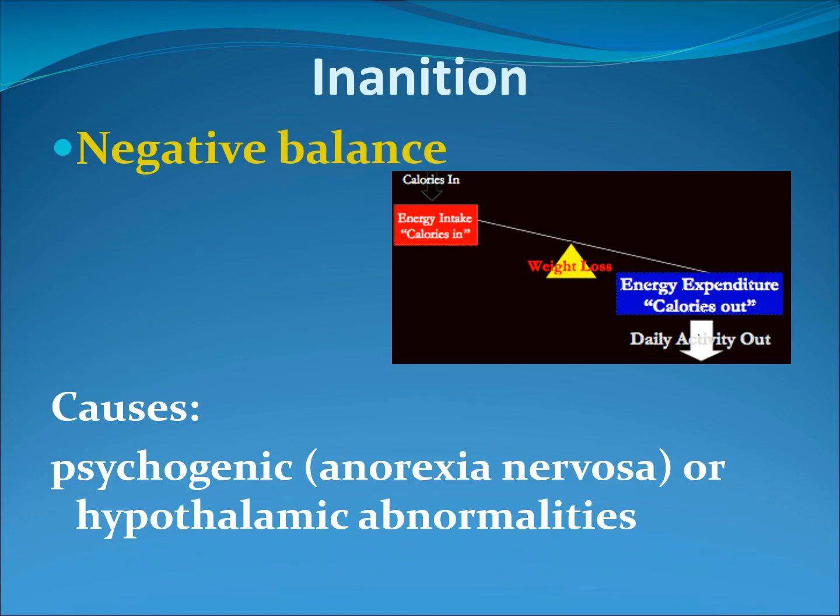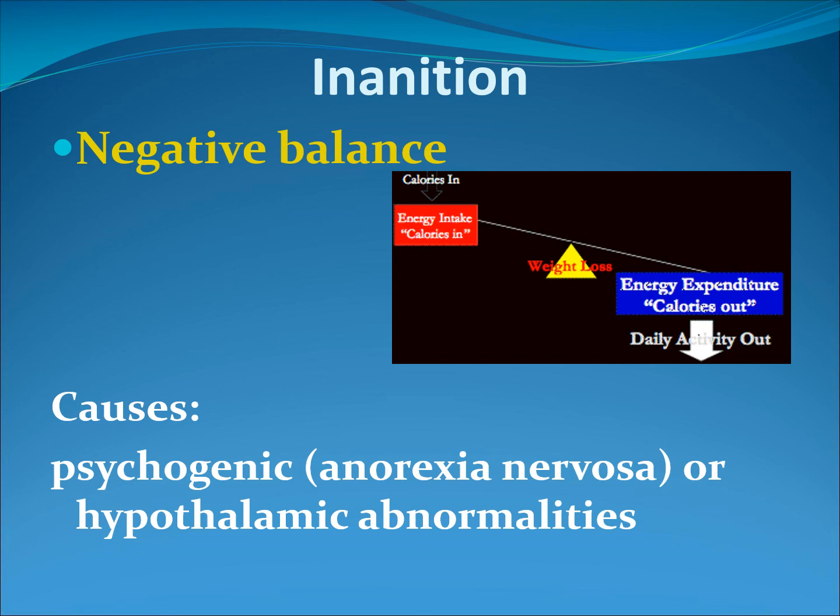In addition, there is inanition, which is having a body weight less than the ideal body weight by more than 10%. These persons are in a negative balance. So the energy value of the food eaten is less than what is necessary for the energy expenditure covering their daily activity. There are many causes for inanition.